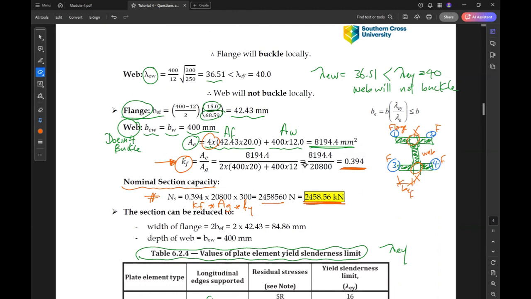So the flange width after reduction will be 2 times B effective plus web width. Because the web doesn't buckle, it is still B web. So this is 400 millimeter and this is 42.43 millimeter.